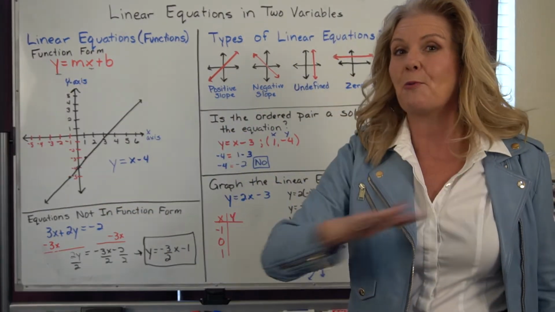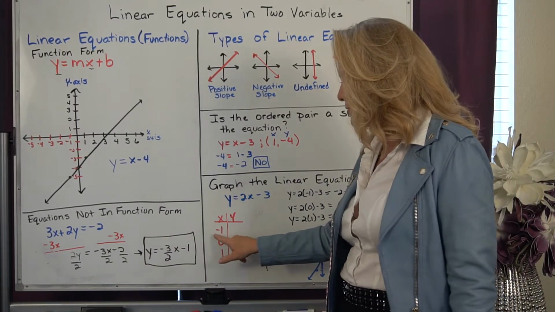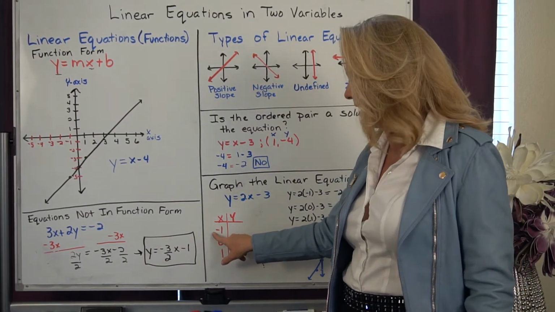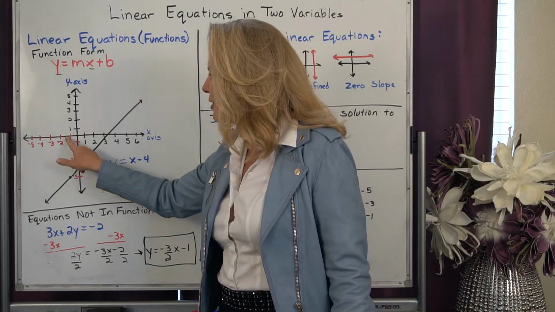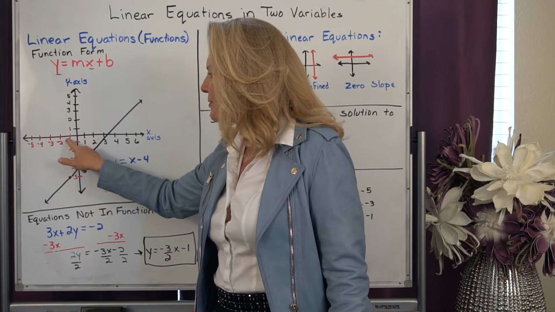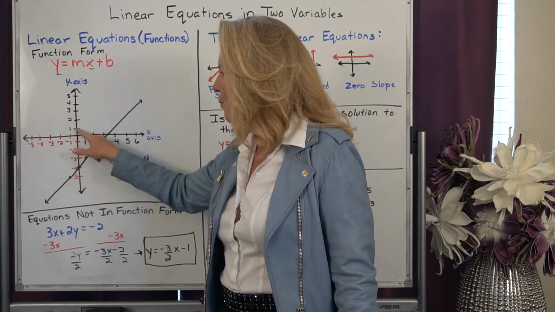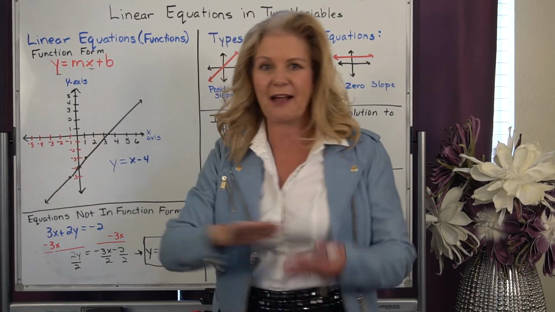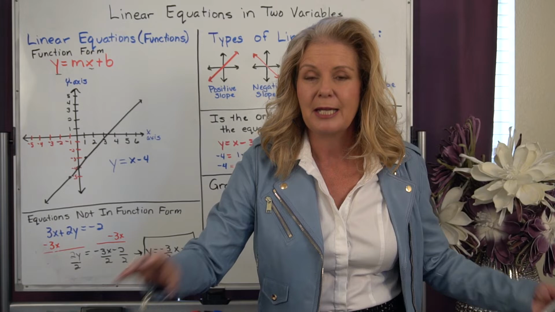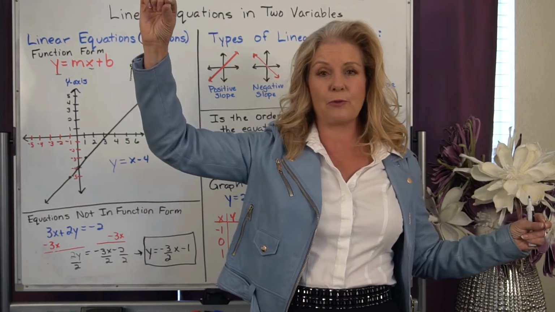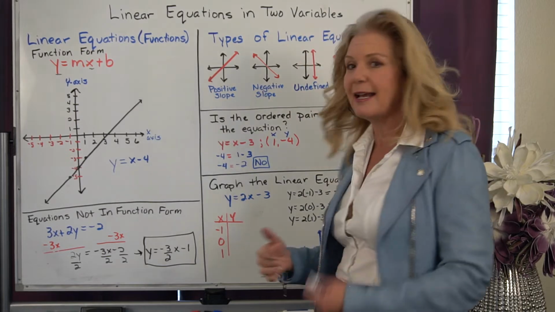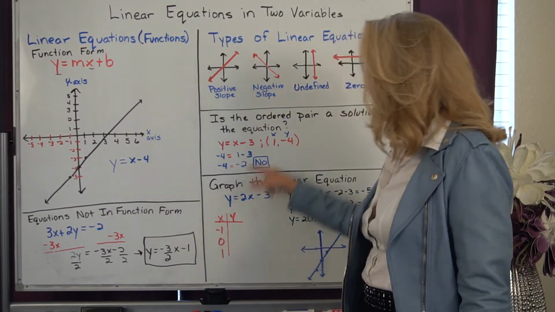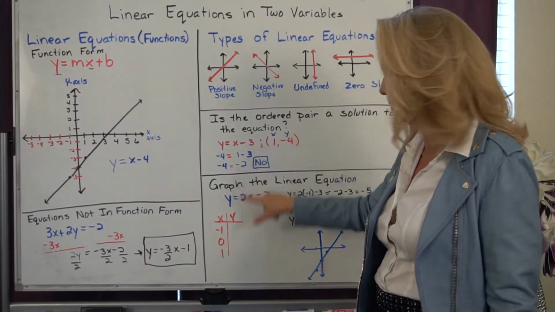So no matter what, I always choose for my values for x, -1, 0, and 1. What I did is I want to find the line that goes through -1, 0, and 1 when I find my ordered pair. Now, every line has to, because by definition, that line will go on in an infinite length. So when I do that, then all I have to do is come back to this concept of substituting.